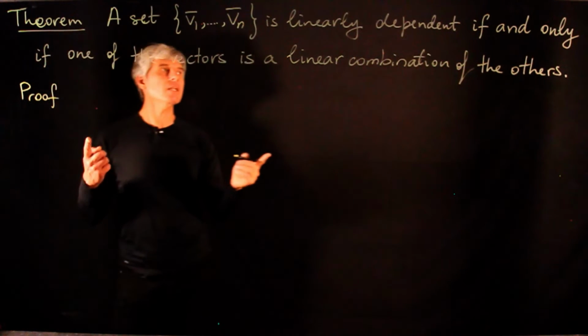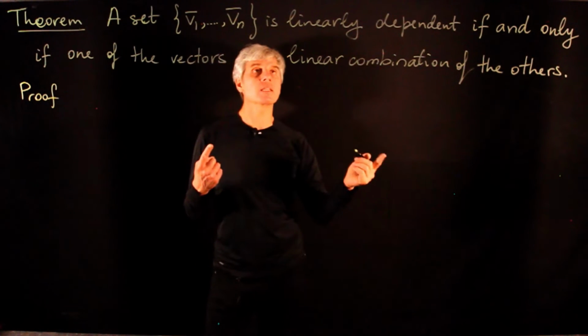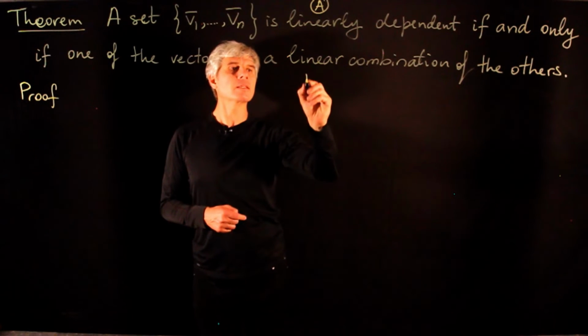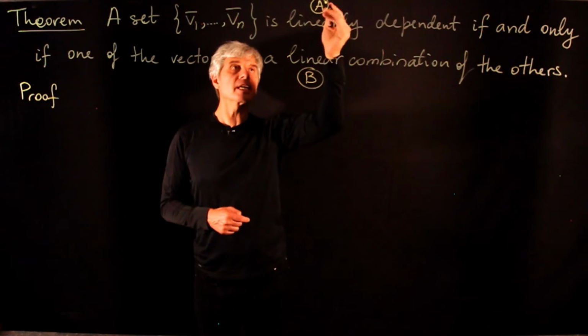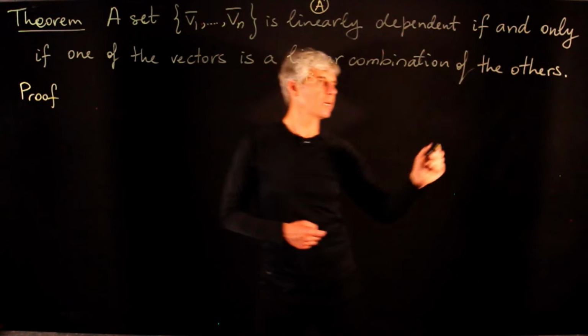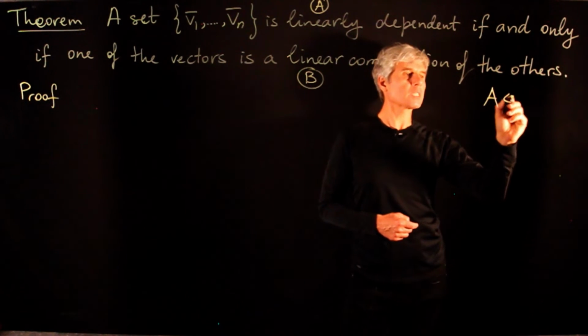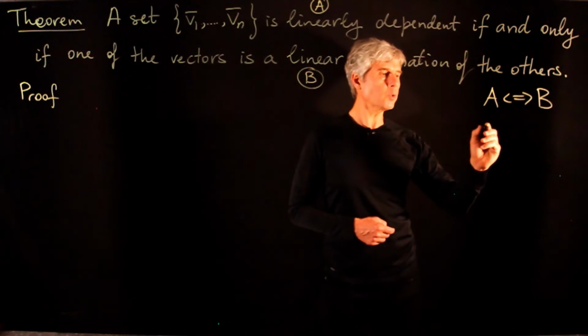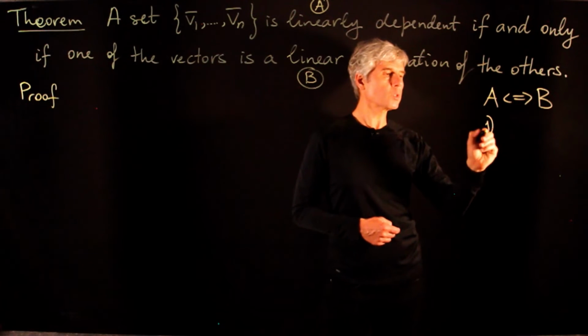In this theorem, we have an if and only if statement. So we have a statement A and a statement B, and we want to prove that A happens if and only if B happens. In order to prove this, there are two things to prove.